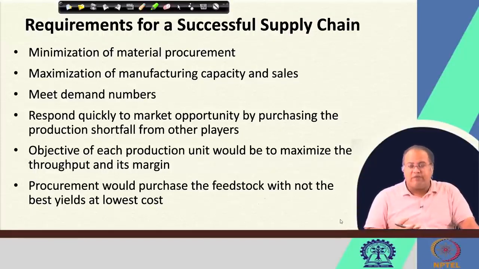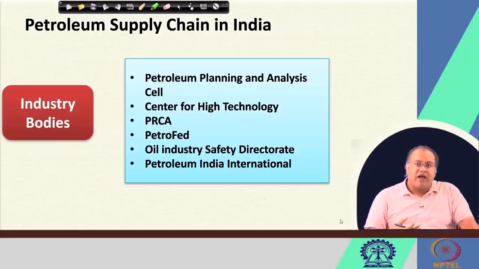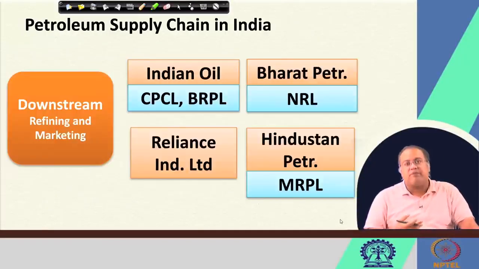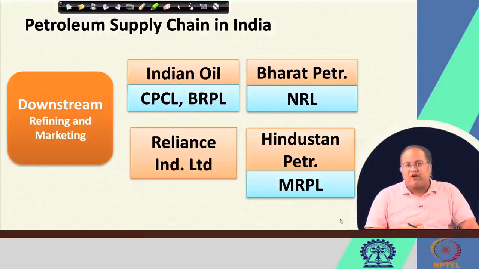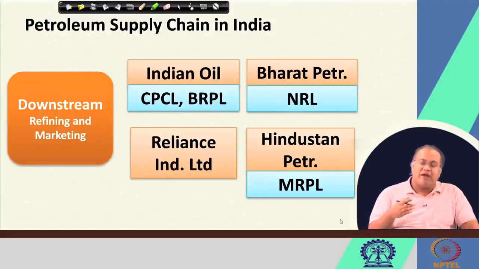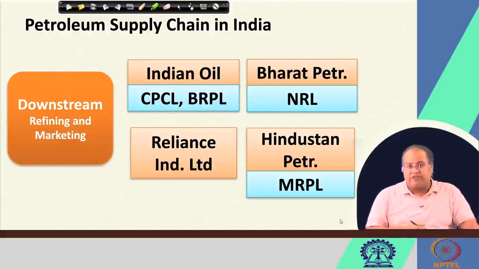That is very interesting, because whenever one downstream company, say Hindustan Petroleum, has a shortfall, they can possibly take it from Indian Oil and make the corresponding supply. So, these industry bodies also do a kind of cross business among themselves.